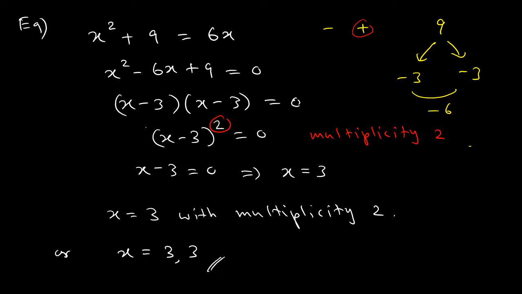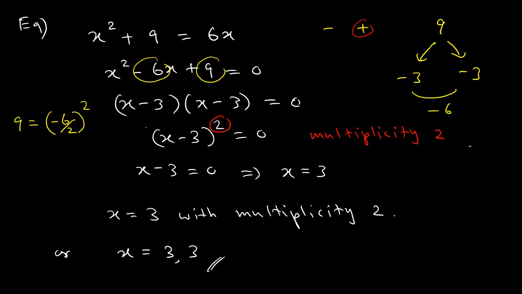Okay, and then we also notice something here. There's a relation between this 9 and -6. You can see that 9 is simply equal to -6 over 2, squared.